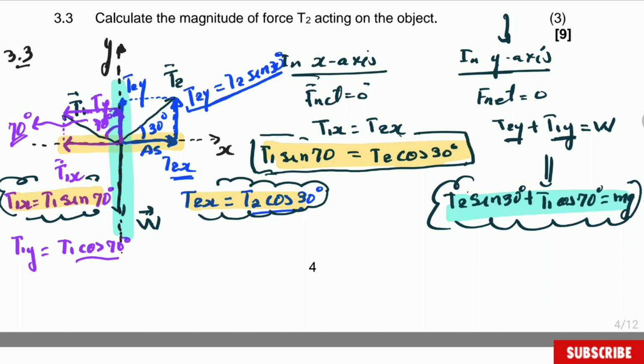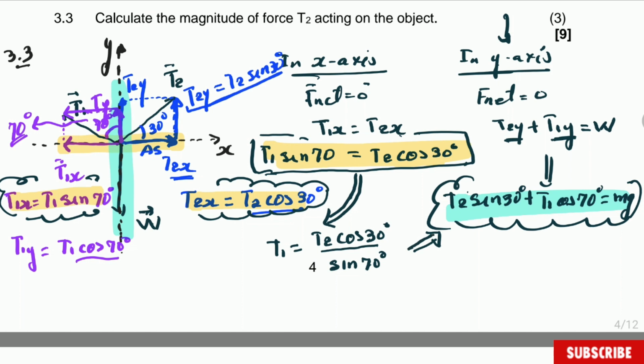So going back to this point here, if we rearrange that formula, T1 is equal to T2 multiplied by cosine of 30 degrees divided by sin 70 degrees. And here we can now substitute in this equation.